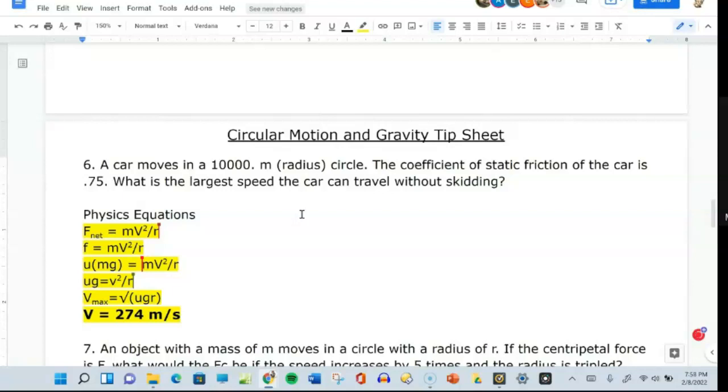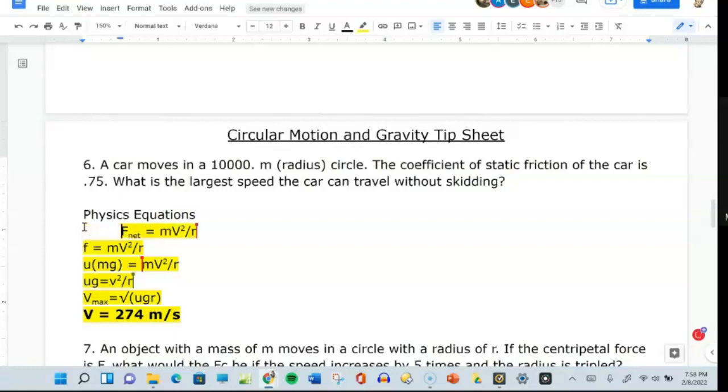So if you're running in a circle, where's the friction of your sneakers on the ground? Pointing towards the center. If you're in a car, the friction between the road and the rubber is acted towards the center. Everything going in a circle must have a force that points to the center, and friction points to the center.